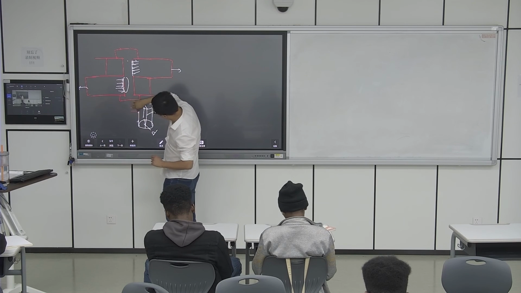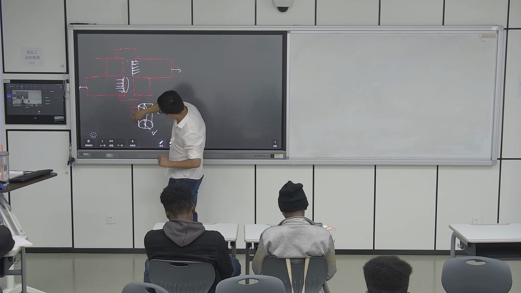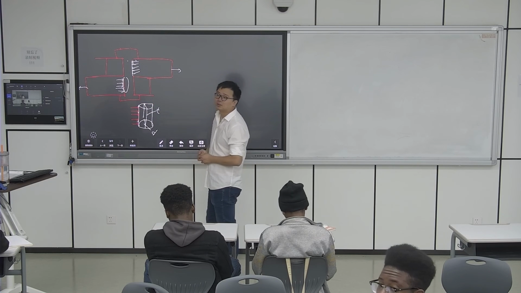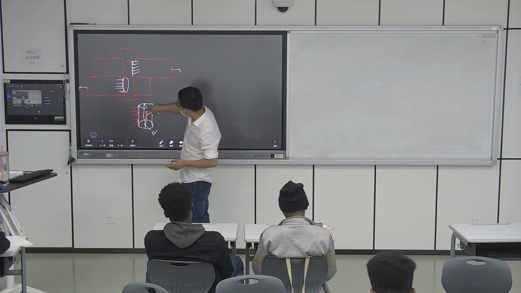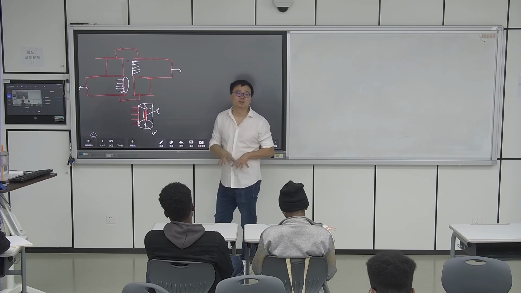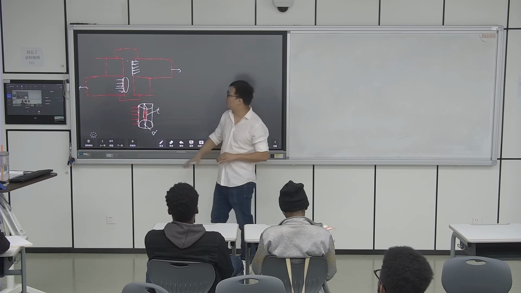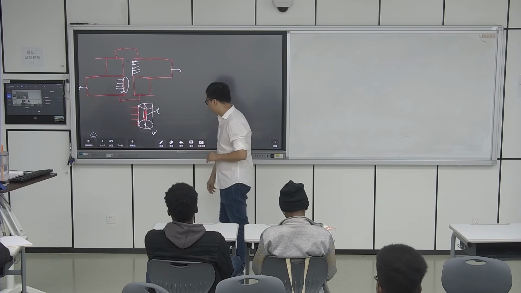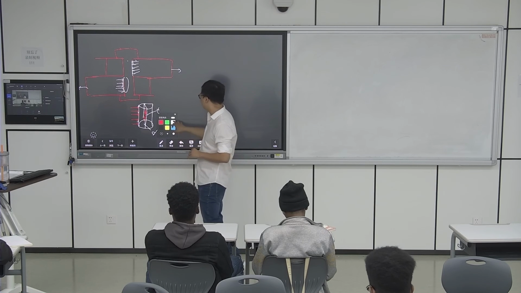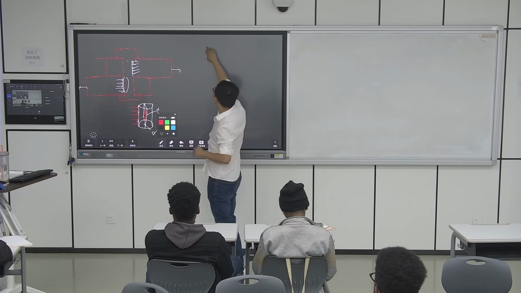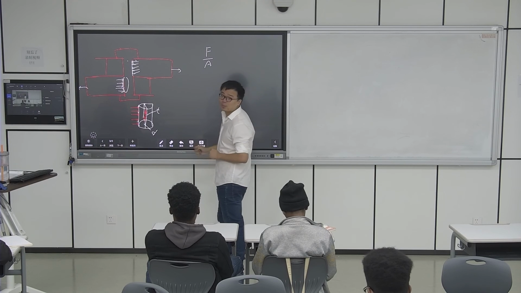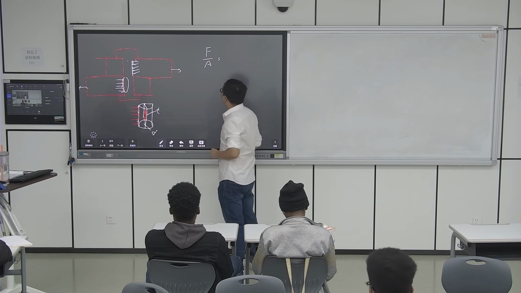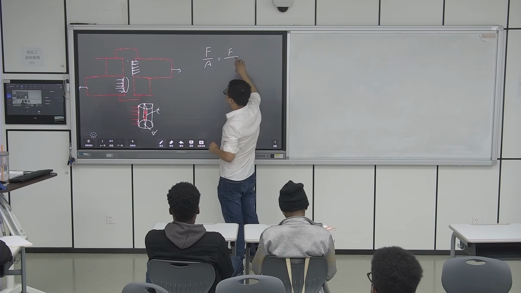So the area we should calculate is this surface, right? So now we have the first equation. F, we still begin from the stress, equal to F over d times t.